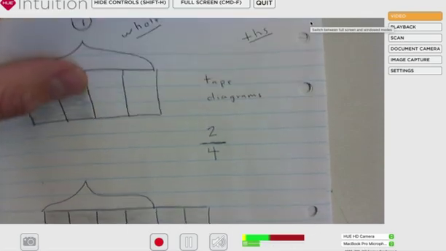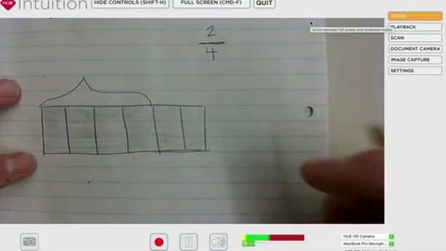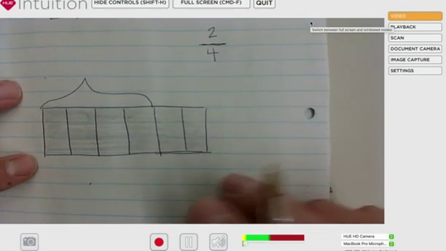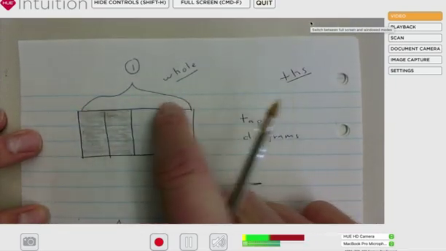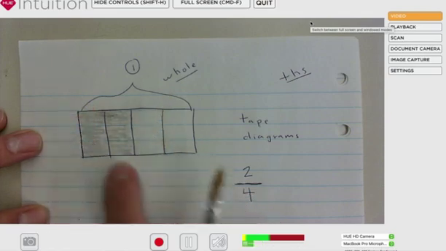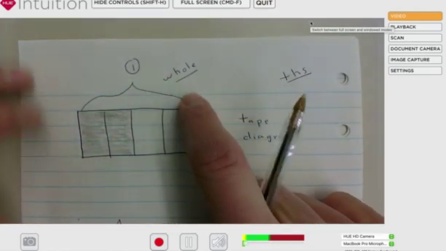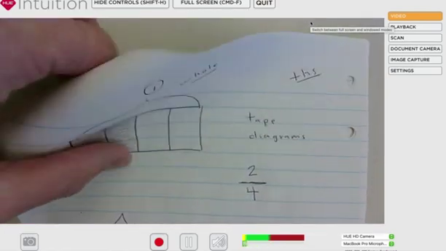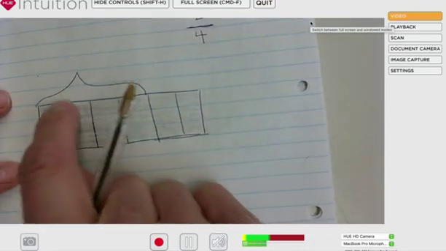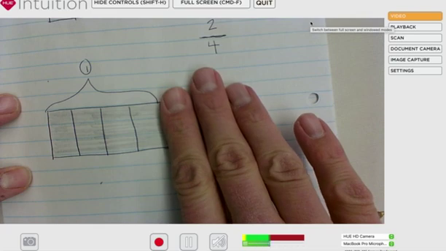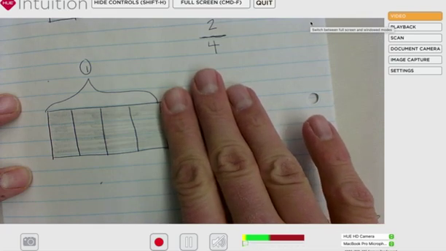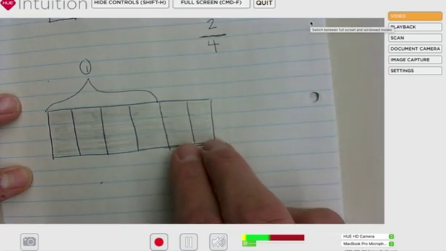Now, it gets a little complicated when you have a tape diagram that looks like this. This one, you'll notice what I call the circus top extends all the way across, which means this entire thing is one whole piece. This is the entire thing. But for this example right here, it does not go all the way across. This right here is the whole piece, W-H-O-L-E. And these are extra pieces.